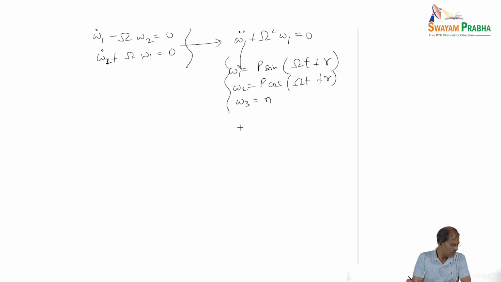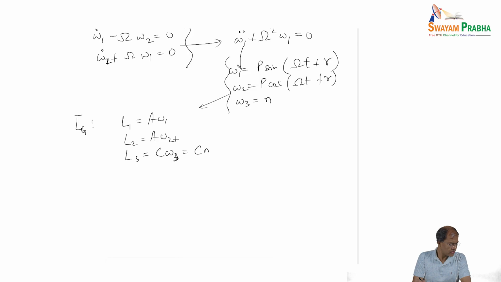These are my angular velocities, and my corresponding angular momenta are L1 is a omega 1, L2 is a omega 2, and L3 is c omega 3, which is Cn.